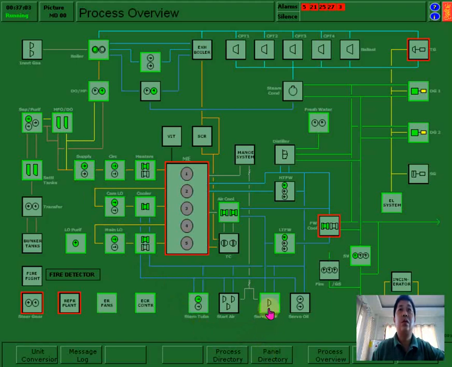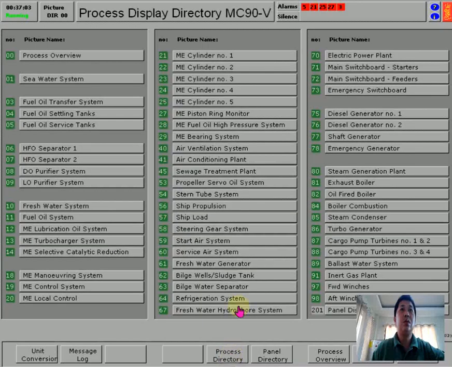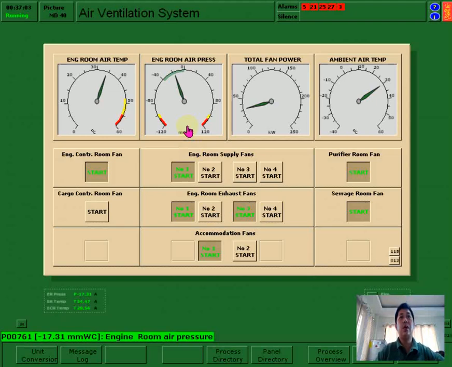Service air is running. Air ventilation system. Here is normal, but I will try to stop the blower here, the purifier room, to reduce the load.